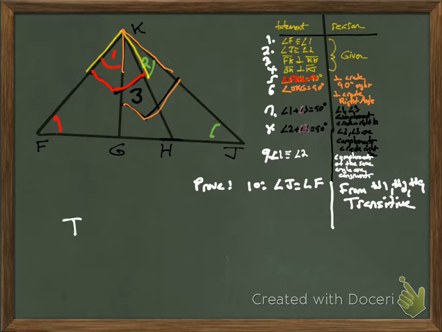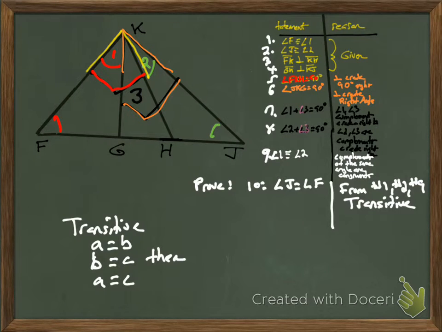And the transitive property says that if A equals B and B equals C, well then A must equal C. And so on a side note here, what do we have? We have F is congruent to 1, J is congruent to 2, angle 1 is congruent to angle 2.